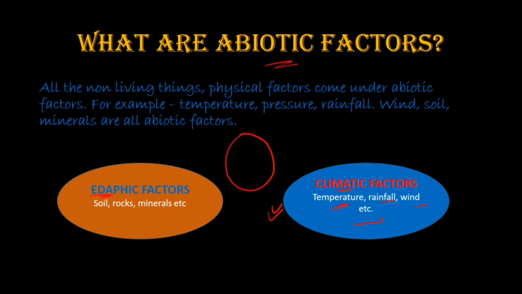Whereas edaphic factors are not at all determined by the climate. For example, this is a land where some plants are present, right? Type of soil we have in that area, the minerals that is present in the soil, all of these things are known as edaphic factors, and both of these combine to form the abiotic factors, right?